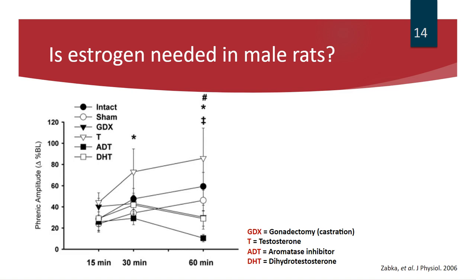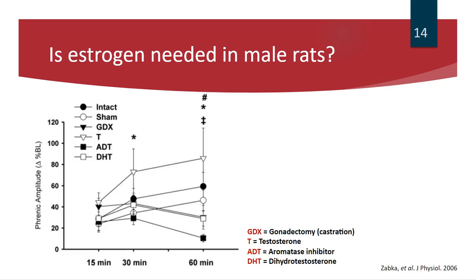And so in this case, what they did is they gave testosterone supplements with the addition of ADT. And ADT is an aromatase inhibitor, which prevents the conversion of testosterone to estrogen. And when they gave these two together, in the dark squares, they eliminated the expression of phrenic long-term facilitation.